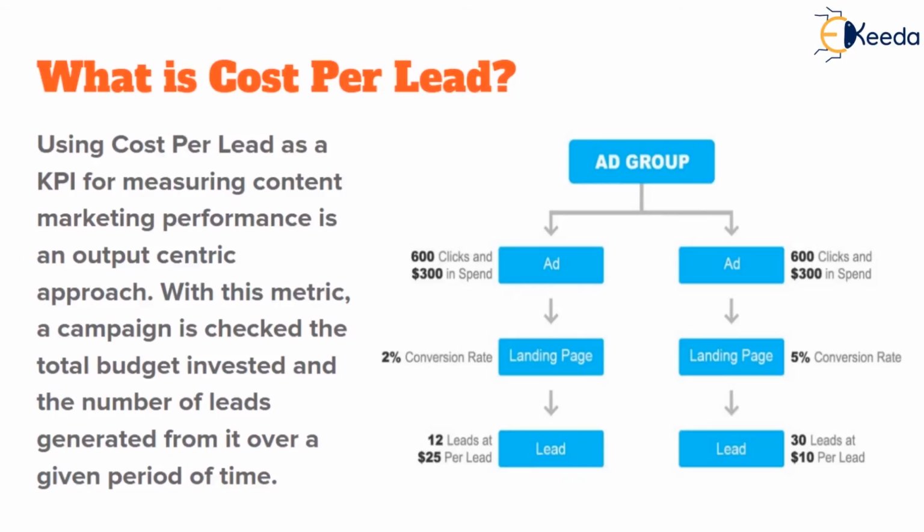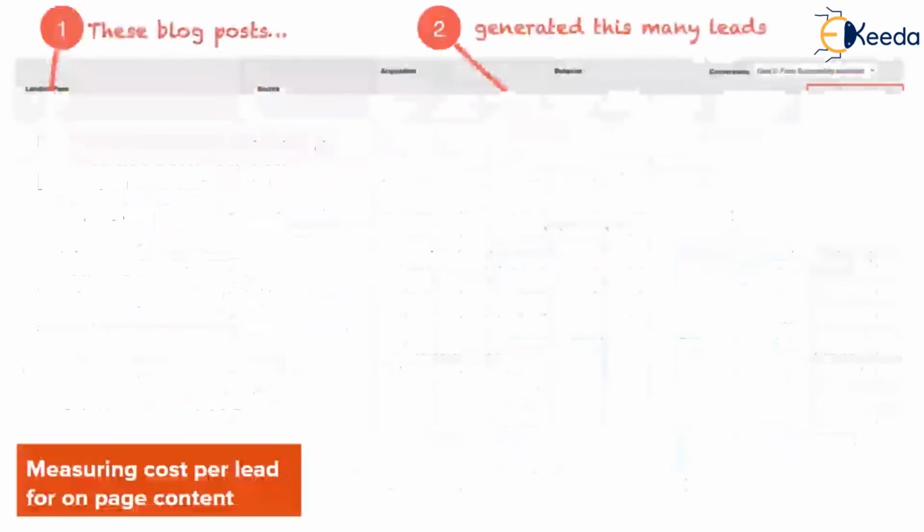But ultimately, this is the end goal of content marketing efforts, and therefore, as a whole, the team should be striving towards developing landing pages which can have a better conversion rate.